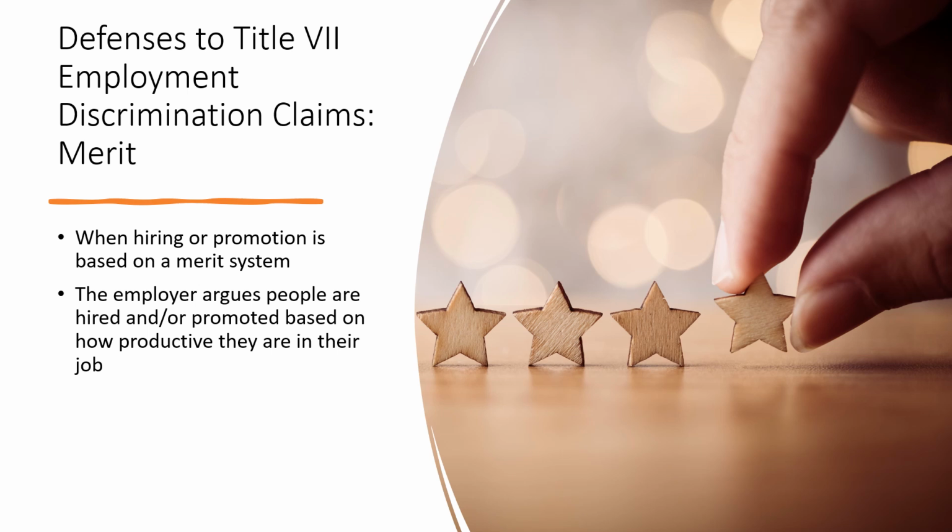Another defense to a Title VII employment discrimination claim is that the company uses a merit-based system. This means that people are hired and promoted based on how productive they are in their job. So in something like sales, the company can argue that this person was promoted because they had the highest sales over the last quarter compared to their colleagues who maybe didn't do as well and didn't hit their numbers.